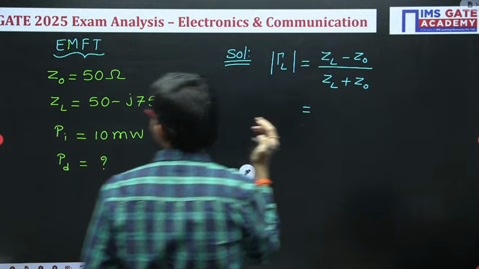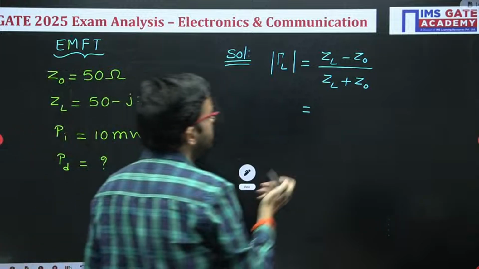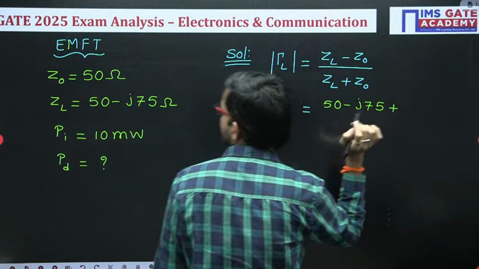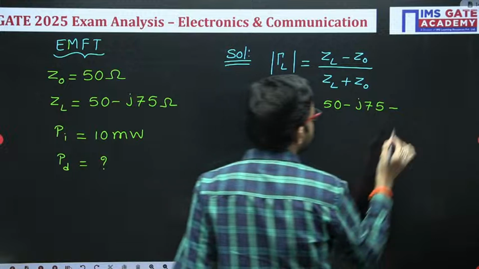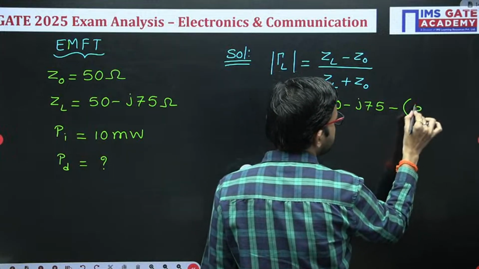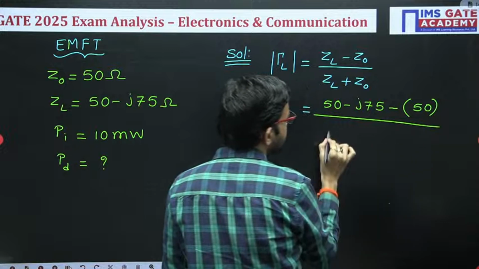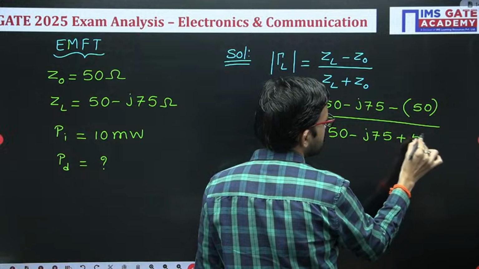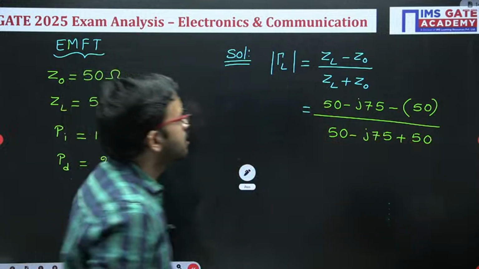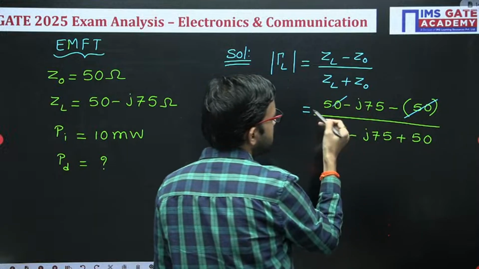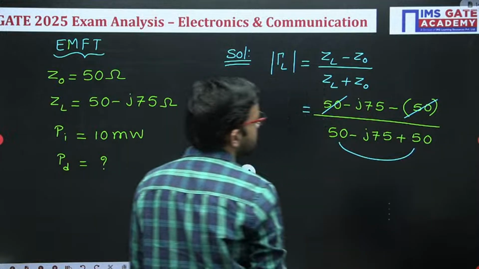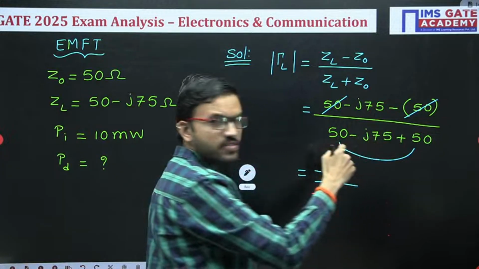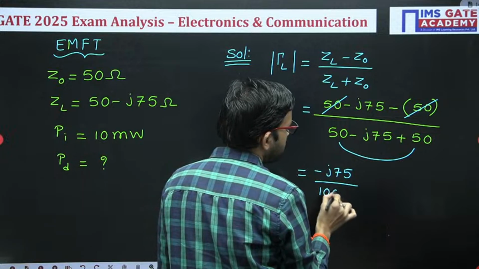Just substitute the values here: 50 minus J75 minus Z0, which is 50, divided by 50 minus J75 plus 50. Observe here the 50 is getting cancelled in the numerator. Adding the 50s in the denominator, you get minus J75 divided by 100 minus J75.